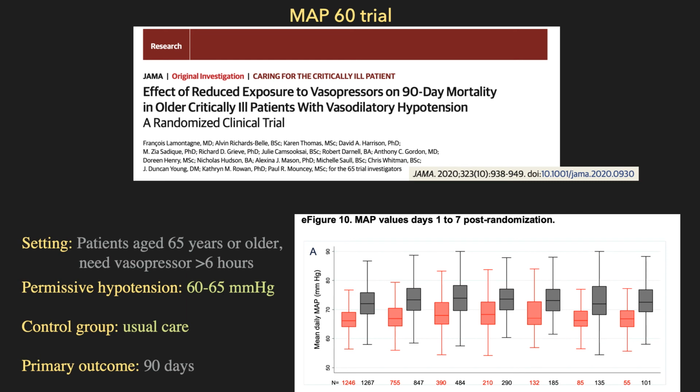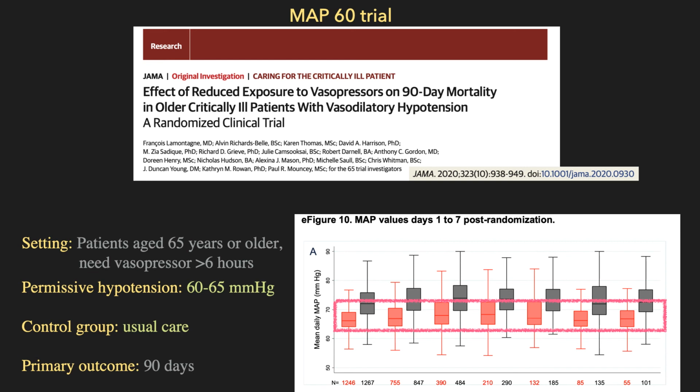But again, I would like to ask you to pay attention. The first thing is that in the permissive hypotension group, you still have a lot of patients whose MAP is 65 to 70. And definitely in the control group, you do have a lot of patients with a MAP of 70 to 75.